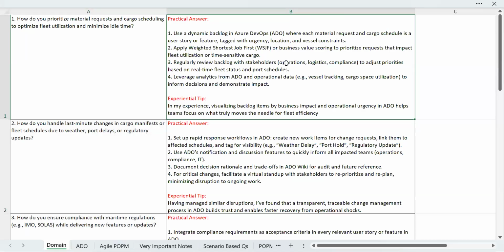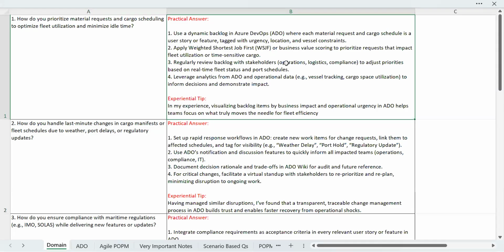I'm not saying you need to memorize these answers, but you need to understand the principles behind the practices. Why is this question asked, what does the interviewer want to know from you, and make your answer practical and pragmatic.